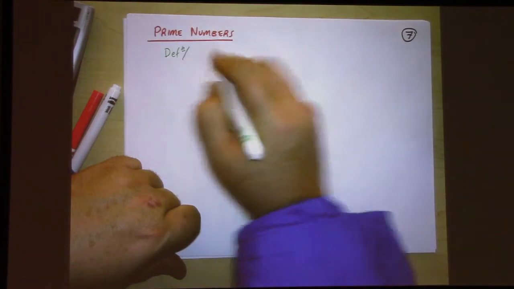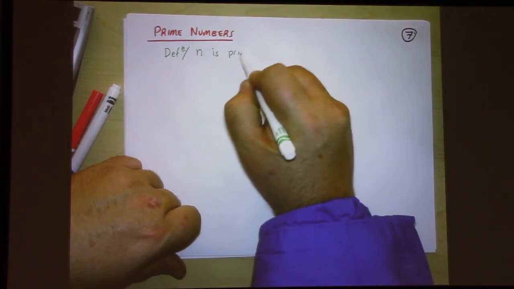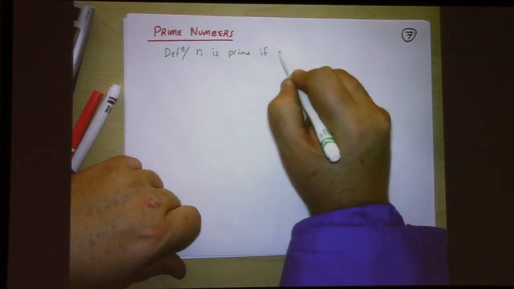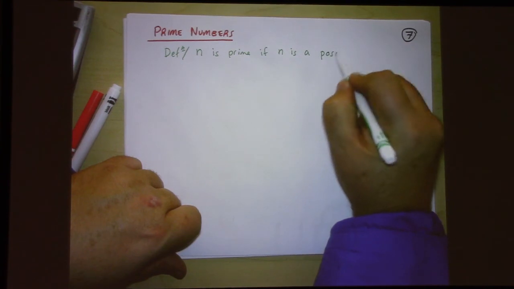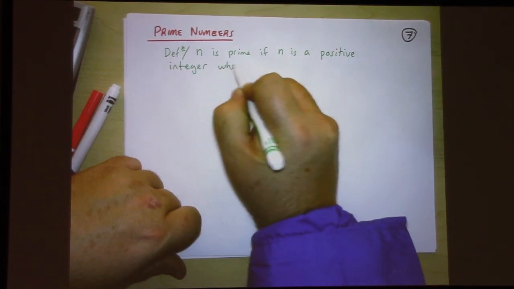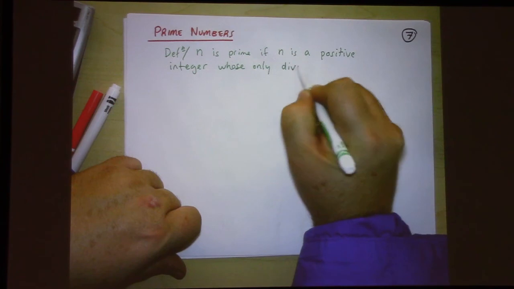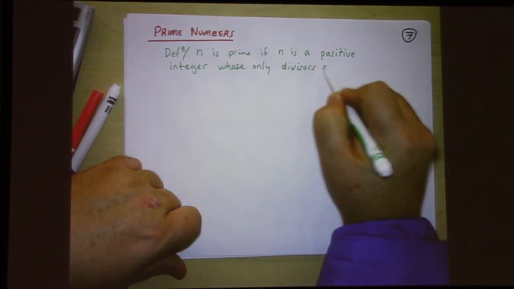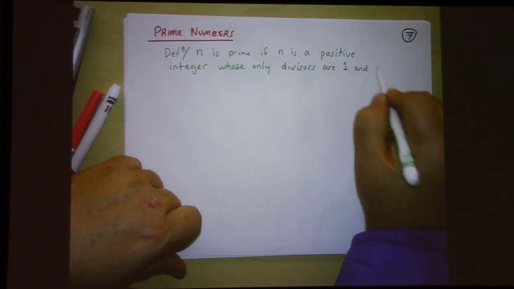Definition: n is prime if n is a positive integer whose only divisors are 1 and n.